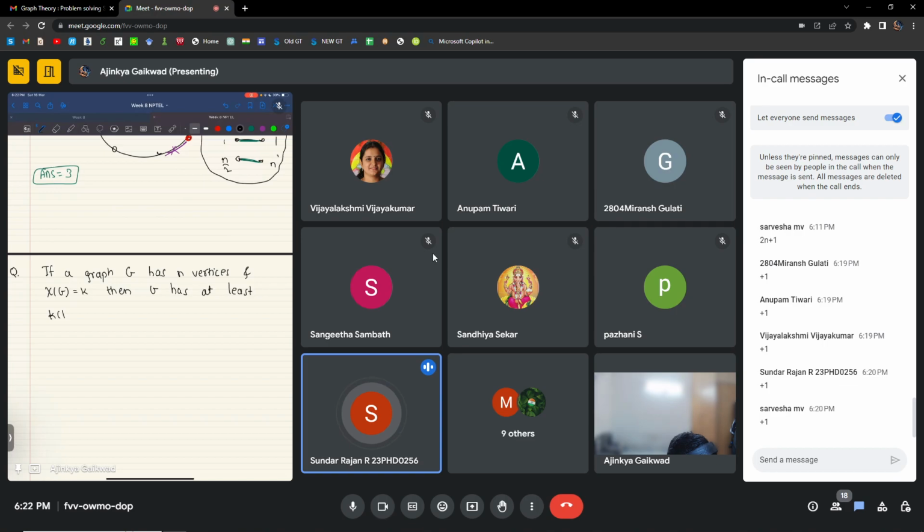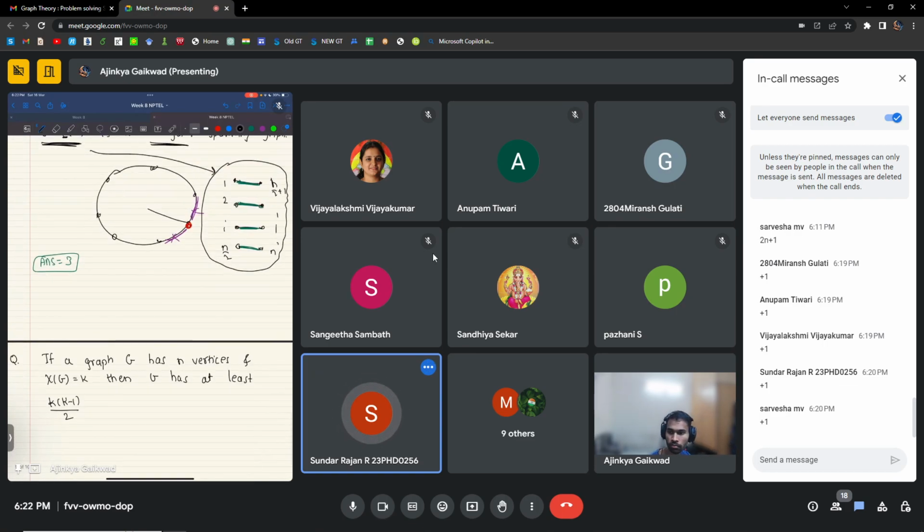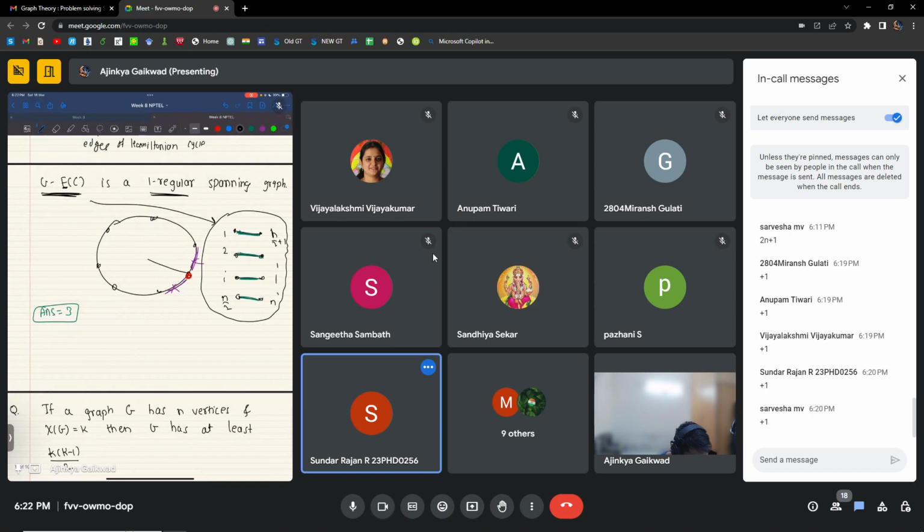So the chromatic index is equal to 3, and the chromatic number is also 3 for cubic Hamiltonian graph, sir. Let me think. What do you think? The chromatic number will be how much?